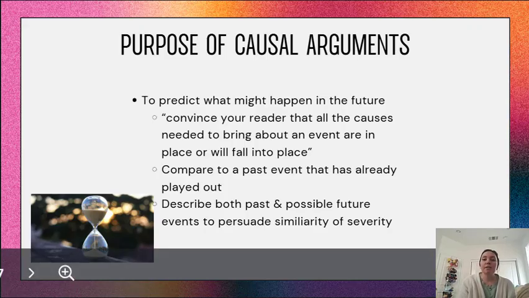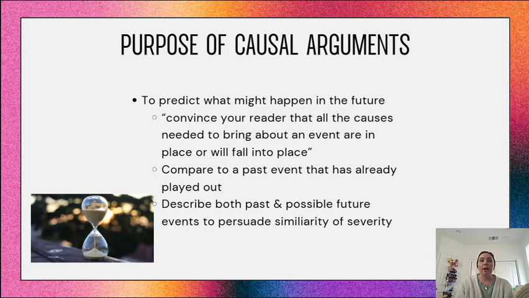Okay, so several different ways that you can approach causal arguments. So I want you to think about the topic that you have been writing about this semester and that you've already evaluated. What are the causes of that, and what kind of causal argument, what purpose are you going to adopt in your causal essay?